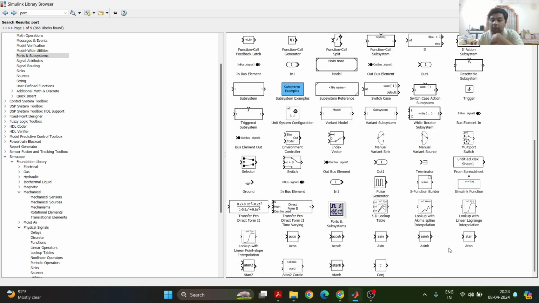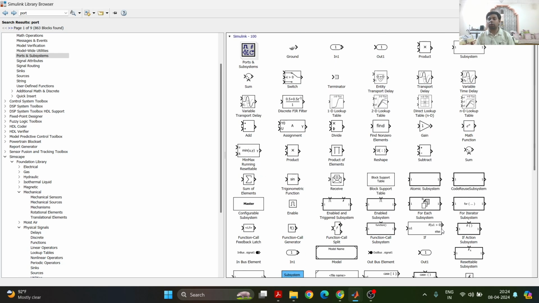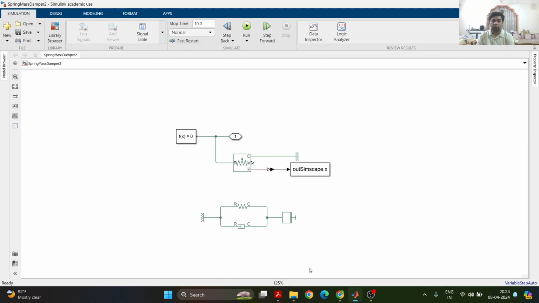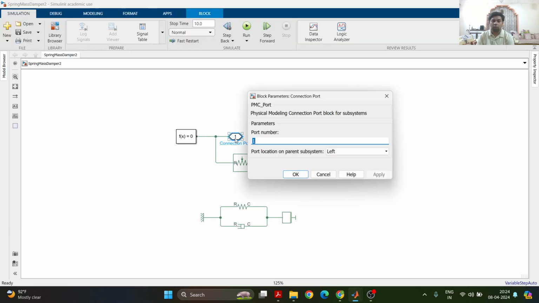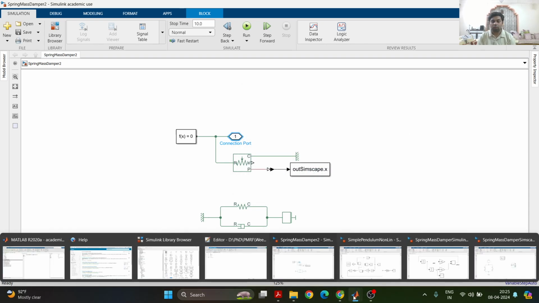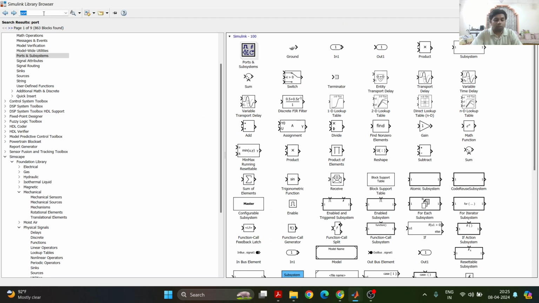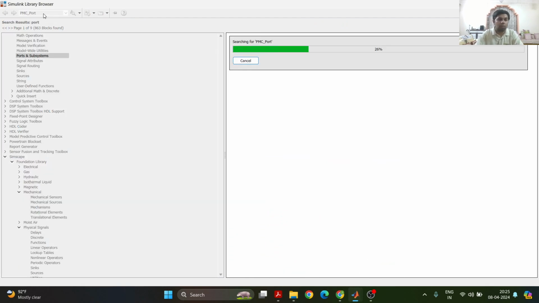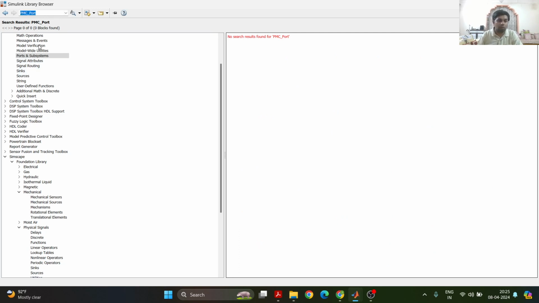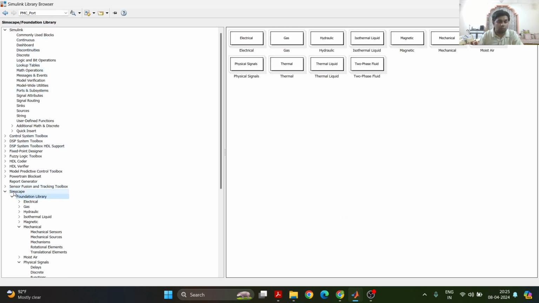So we need to get a port block also into this. I'm just searching for that. So it's basically this block, the PMC and port. What is that port used for actually?